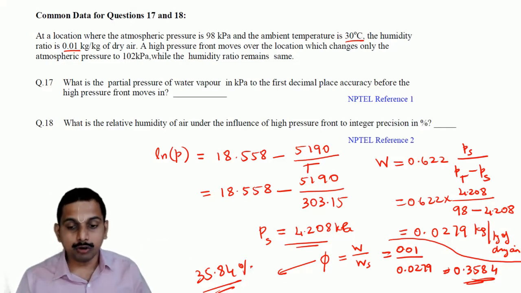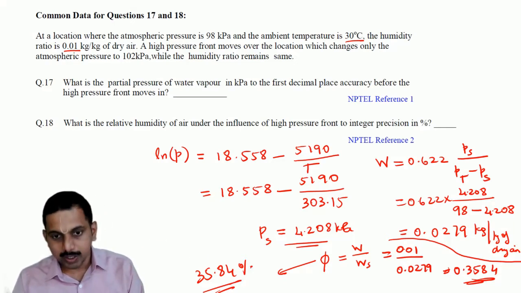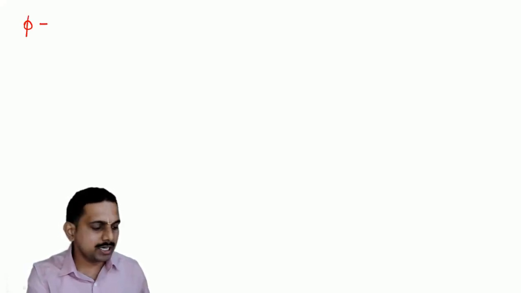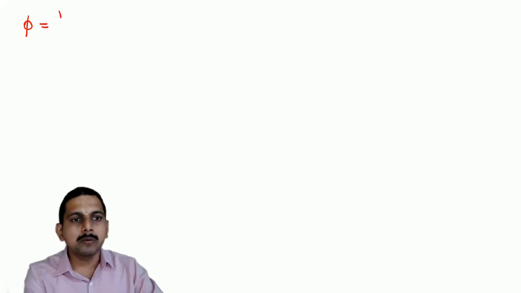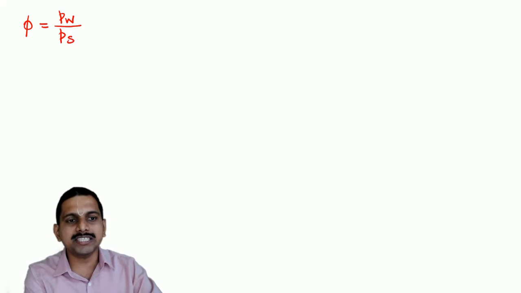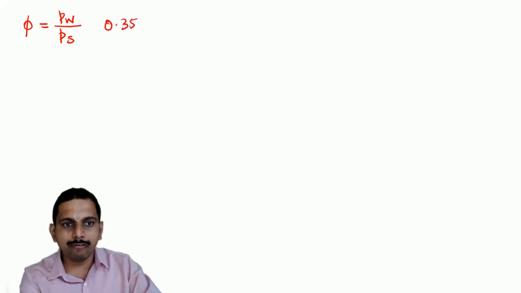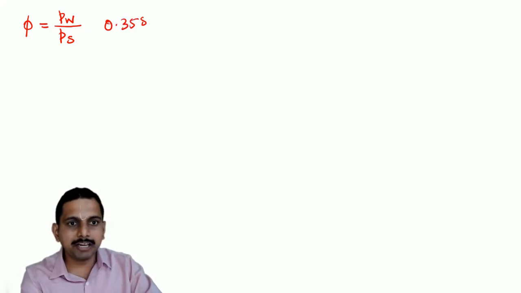Fine. Once we get that, that is not enough. What is to be understood is this: relative humidity phi is also equal to the partial pressure of the water vapor divided by the partial pressure at saturation. Relative humidity is known, 0.3584.